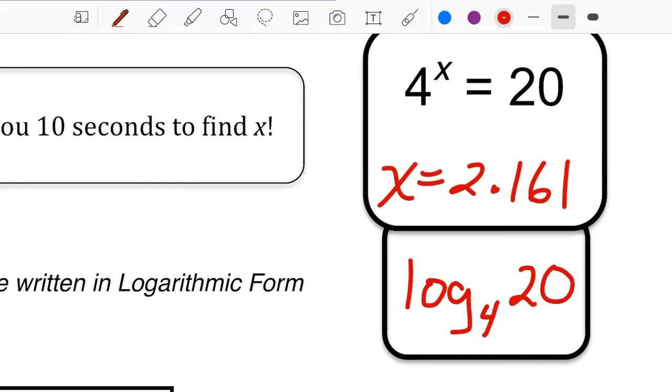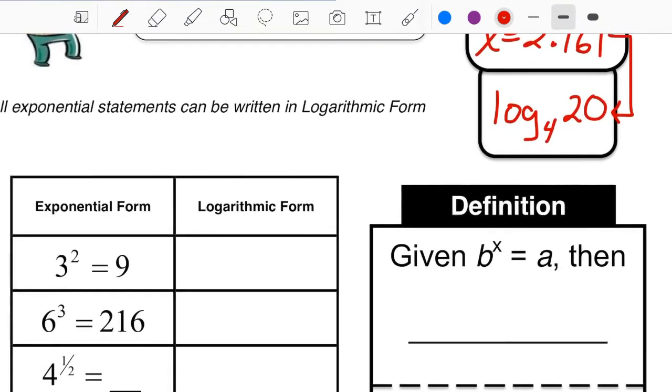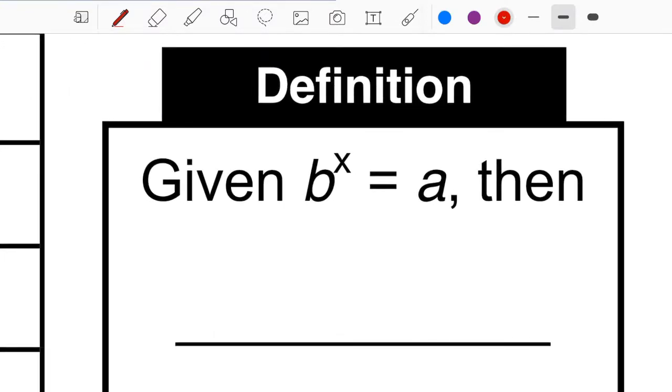Now, I didn't expect you to know what exactly that means, but we're going to learn that the log base 4 of 20 is actually this exponent. It's actually this number 2.161.